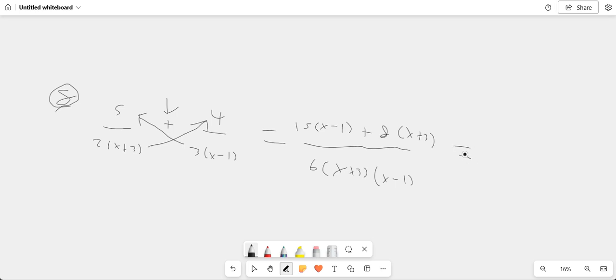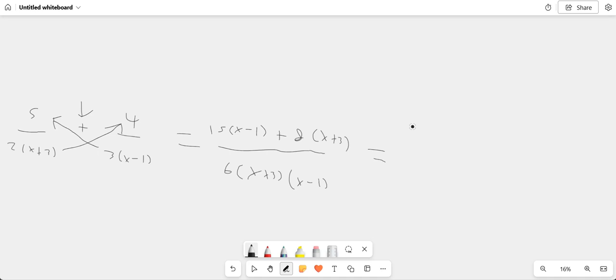And then what's that going to give me? 15x minus 15, and then plus 8 times x is 8x, so plus 8x, and then 8 times 3 is 24, so plus 24. And then obviously the bottom just stays the same. Don't need to worry about that.